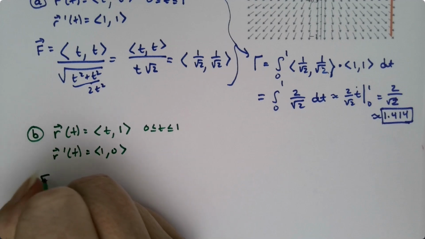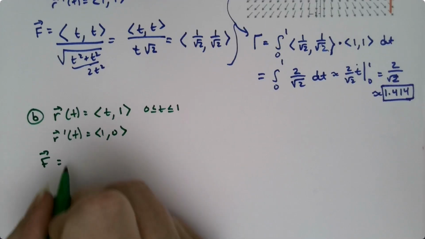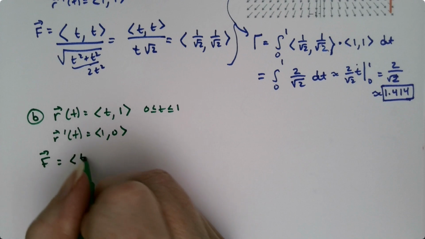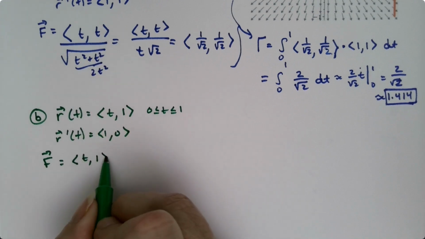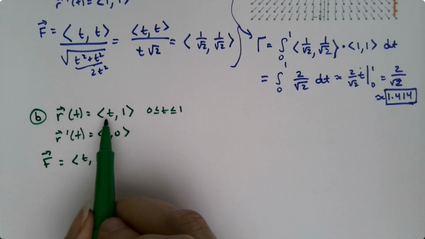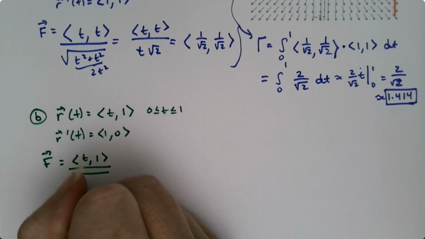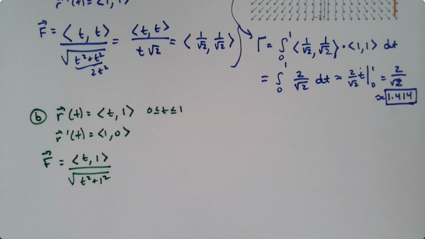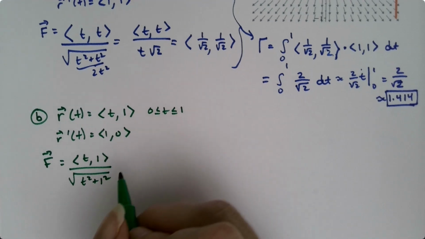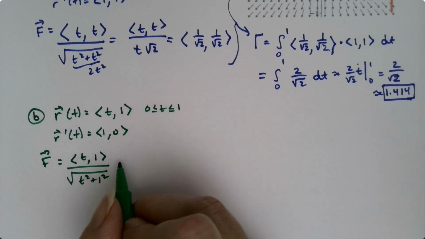And then the new vector field is t, comma 1, right? So x, comma y over the square root of t squared plus 1 squared. I don't need to write that in a different way. We'll just leave it like that.